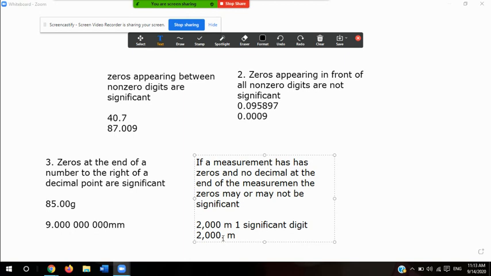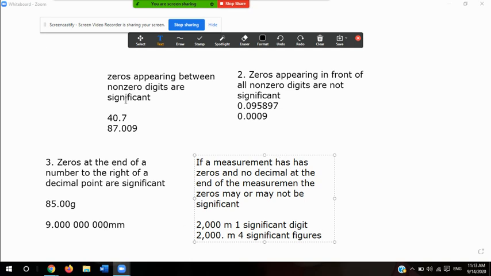This decimal point means that the zeros in that measurement are significant. So we say that this one has four significant figures. And we're going to see an example right now, but I just want to review this with you guys real quick.